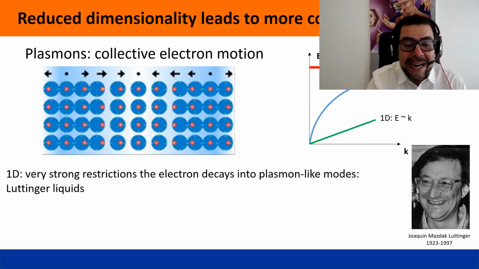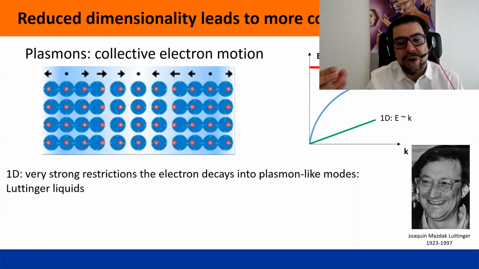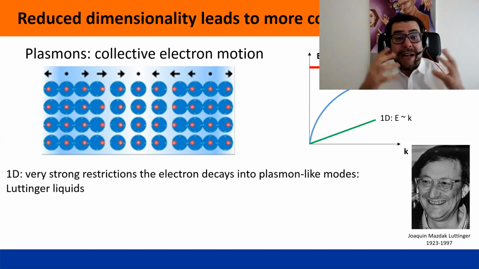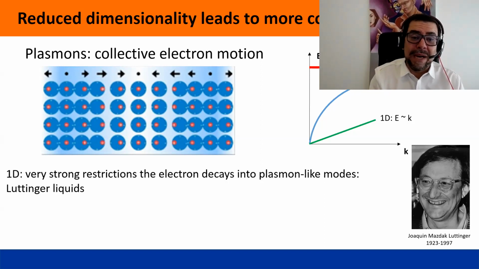It's the name that was given for these electronic states in one dimension. Now, this is very extreme, very exotic. This is a phenomenon that is actually very hard to measure experimentally, but it has been demonstrated experimentally.